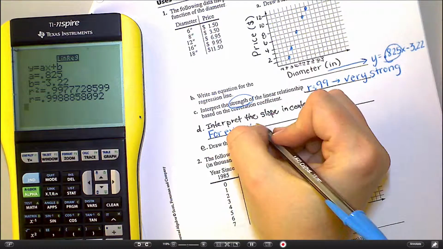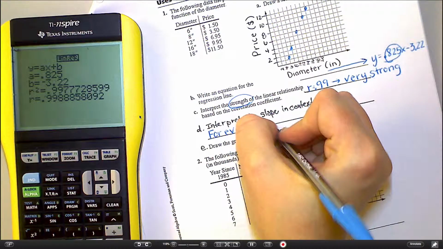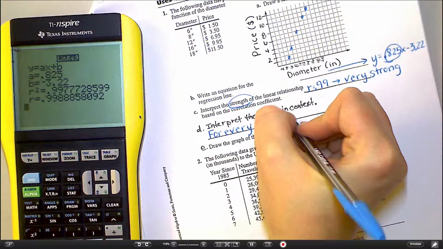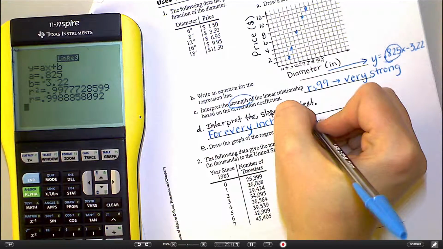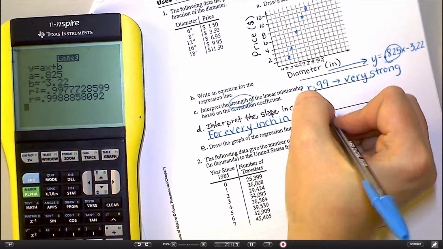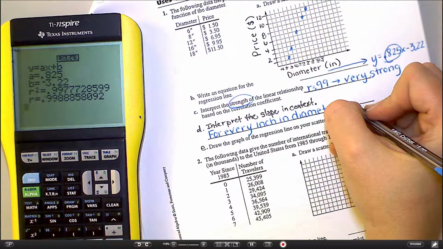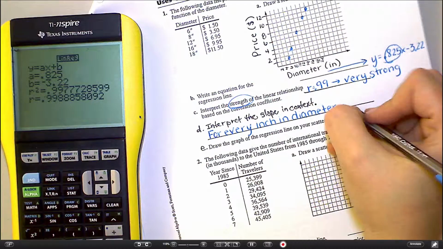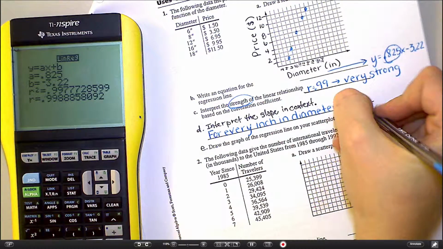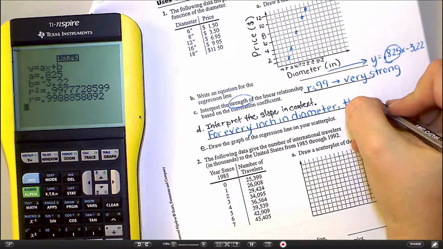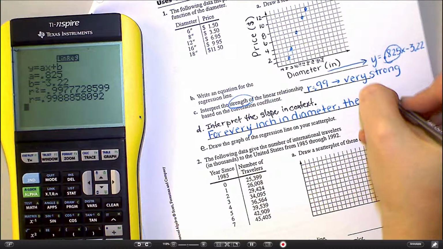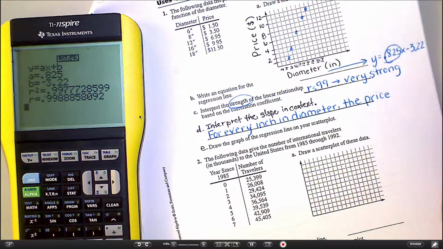So for every inch in diameter, and then I'm going to say what effect it has on the other variable. So every time I add an inch in diameter, the price, does it increase or decrease?